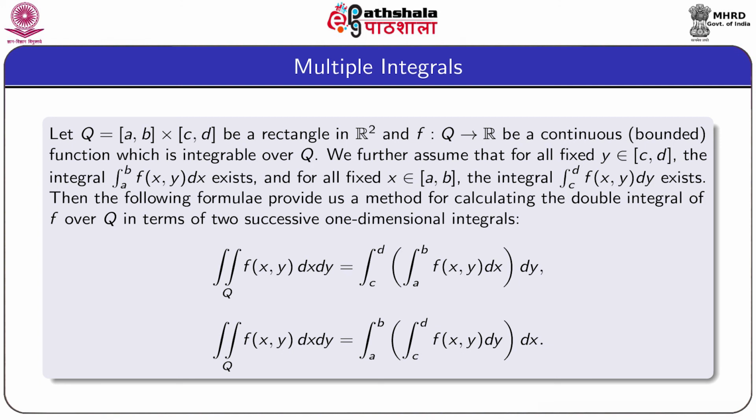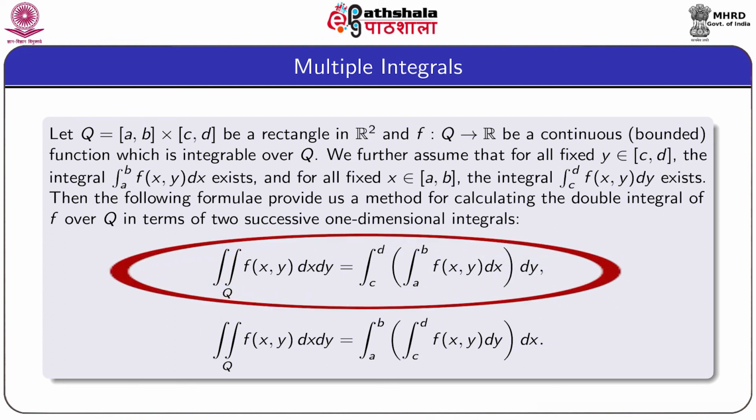So, clearly it is bounded and also integrable over Q. We further assume that for every fixed y from [c, d], the integral a to b of f(x, y) dx exists, and for all fixed x from the bounded closed interval [a, b], the integral c to d of f(x, y) dy exists. Then the following formula provides us a method for calculating the double integral of f over Q in terms of two successive one-dimensional integrals.